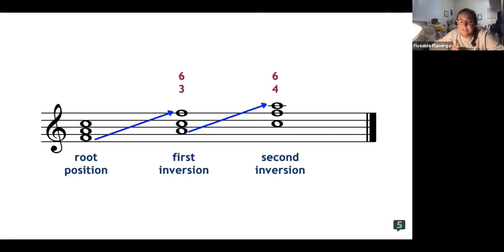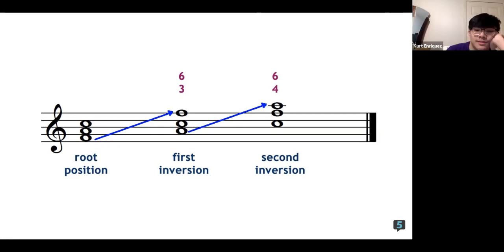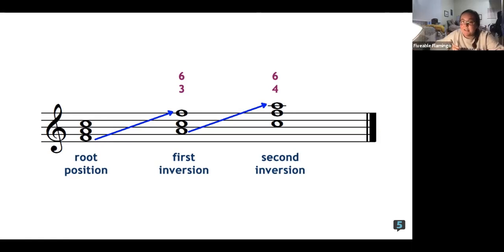If I'm in the key of C, what scale degree is F? The 4th. Yes. And if I'm in C major, am I going to have a lowercase or uppercase Roman numeral? Yep, so I would notate that.